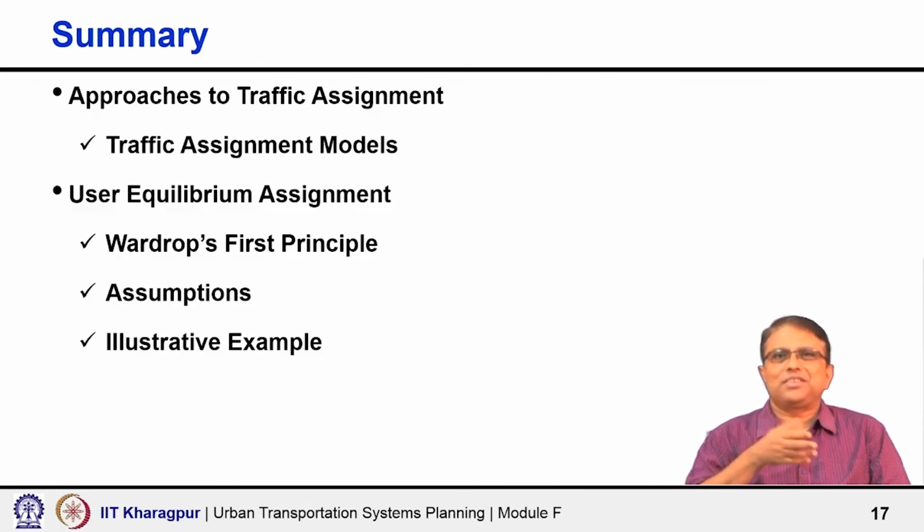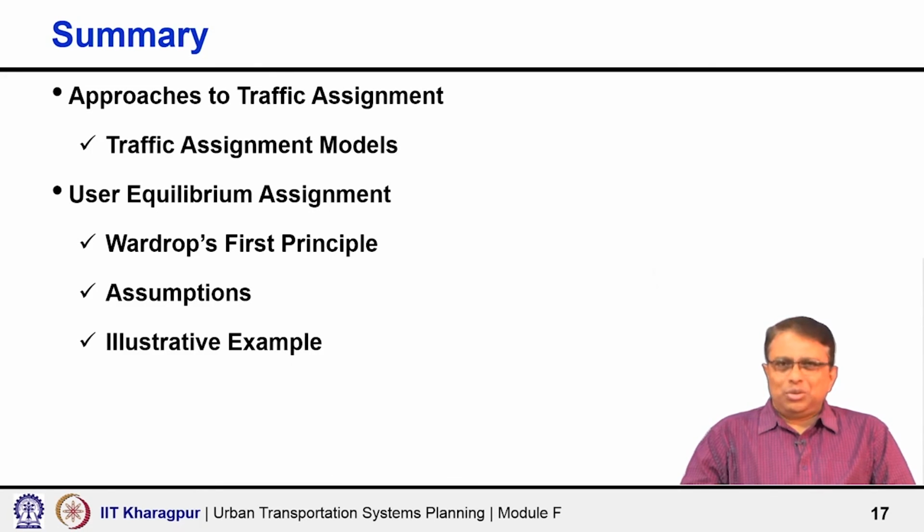So, what we discussed in this lecture in summary: broad approaches to traffic assignment we just introduced. We did not tell you all the approaches. We talked about first the static approach, and then indicated that when we say static, there must be something dynamic. What is the basic difference?